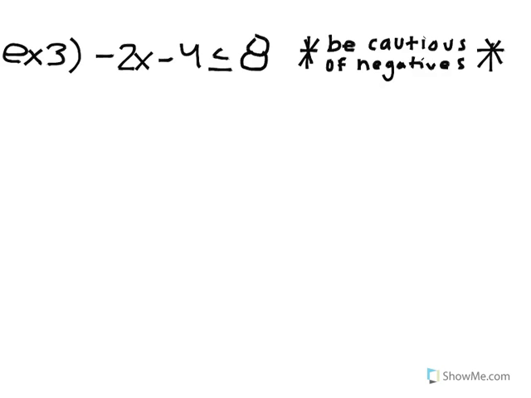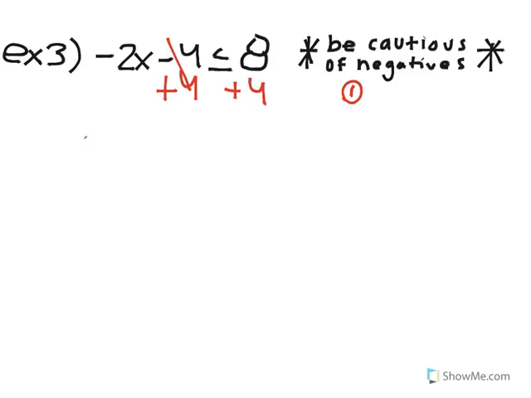Okay, this example is telling you guys to be cautious with negative numbers because when you multiply or divide across a sign, it flips. And I'll show you what I mean. So we're just going to solve this out with our normal steps. So 1 is just to solve for x. 4.